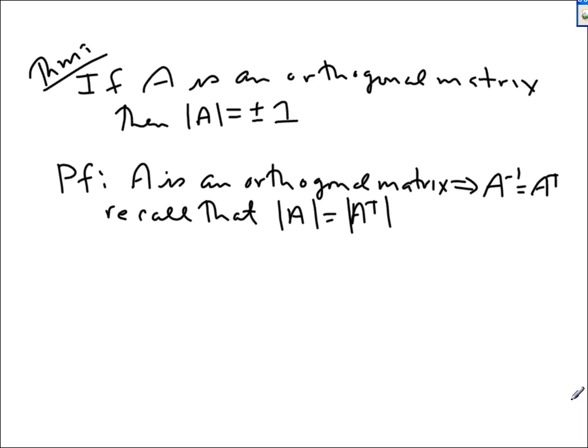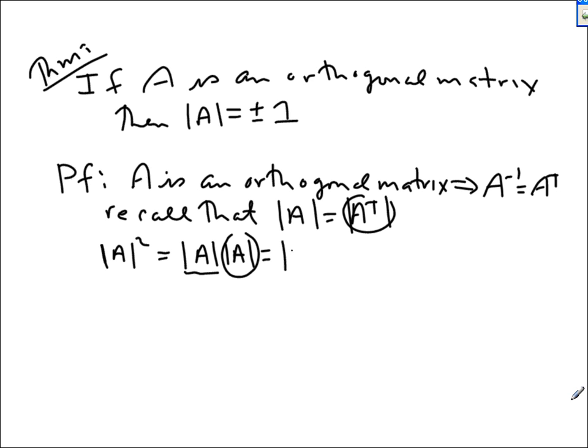Okay. So now, the determinant of A squared is equal to the determinant of A times the determinant of A. But the determinant of A is the determinant of A transpose.